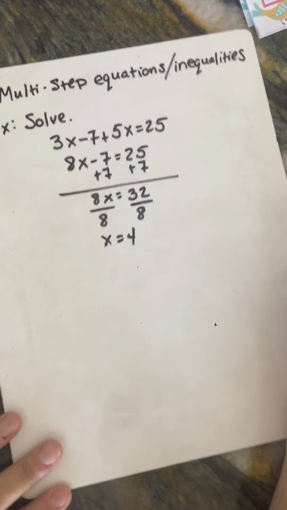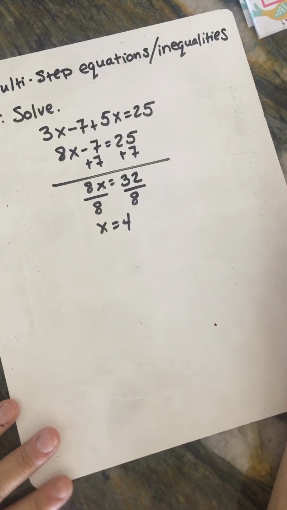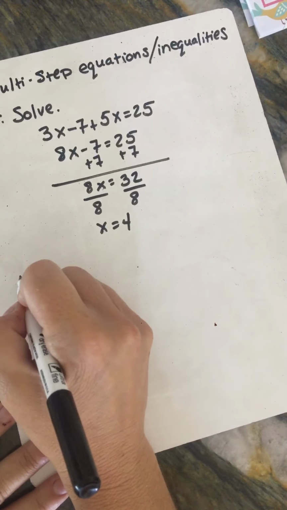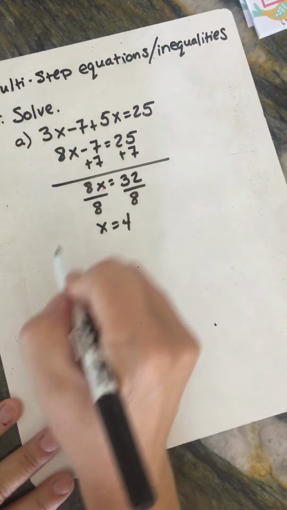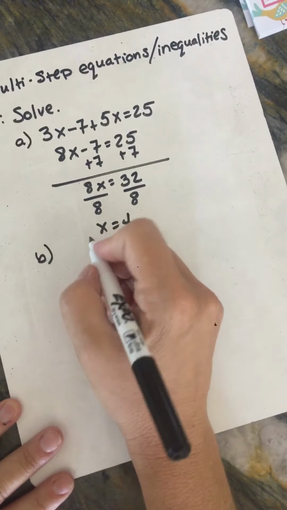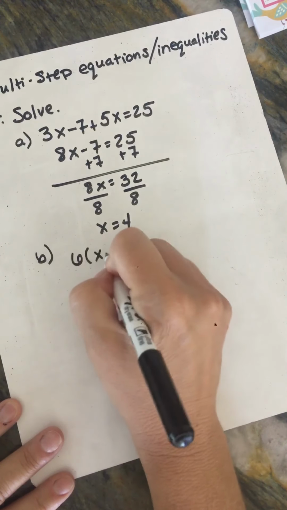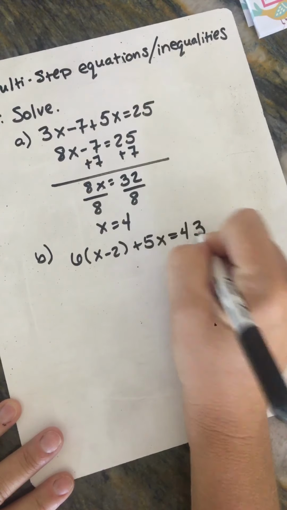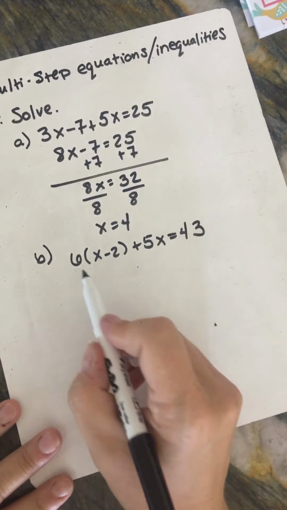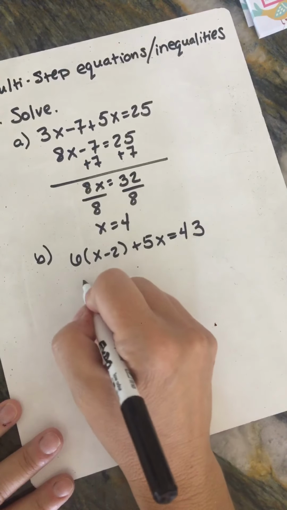And we could also look at something maybe that's a little more complex or requires a few more steps. So we can solve, let's see, we'll call that A. This one we'll call B, and it'll be 6 times the quantity x minus 2 plus 5x equals 43. So the first step is to distribute the 6 over the subtraction.